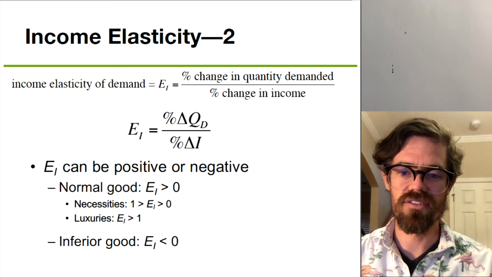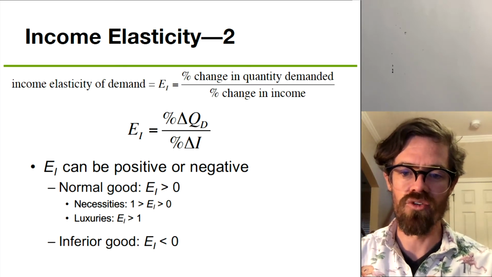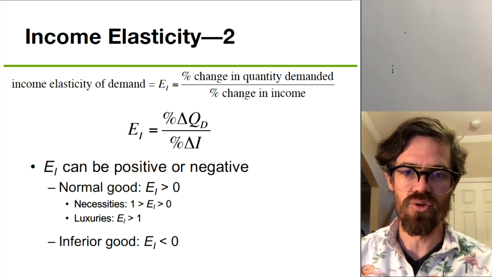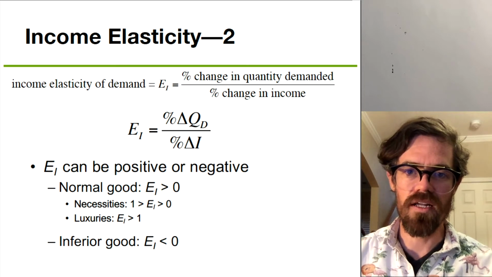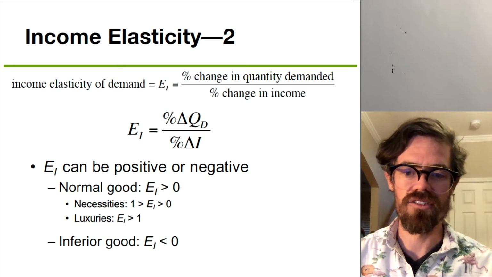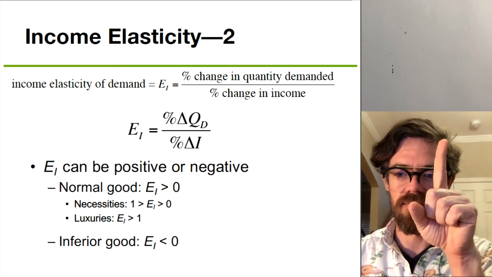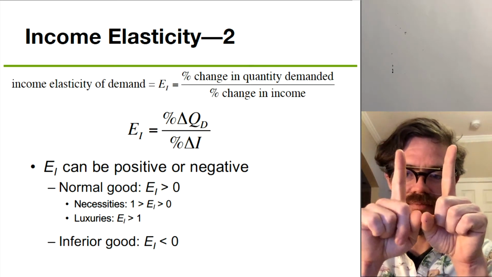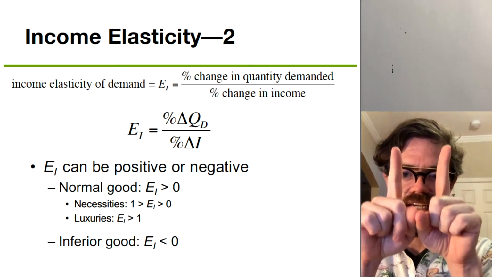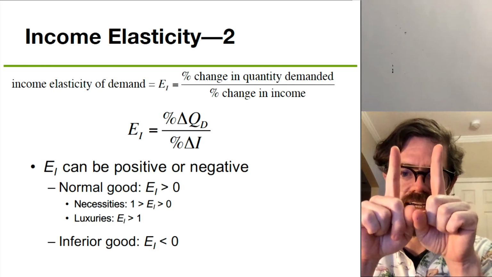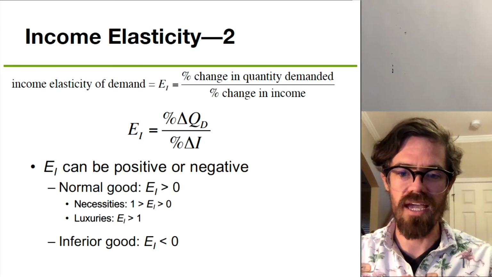Okay, so let's make sure we recall what a normal good is. A normal good is, if you'll recall, when you make more money, you buy more of that thing, right? So your income and the quantity demanded move in the same direction, and so our income elasticity for normal goods will be a positive number.